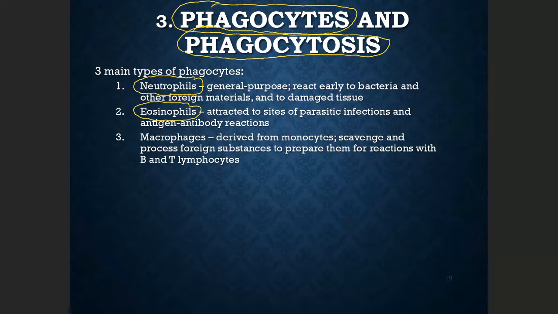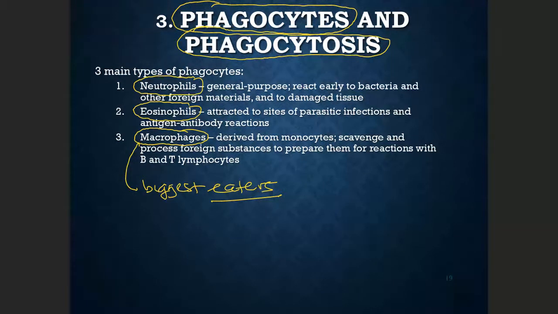And then macrophages, this is the big eater. This is the biggest eater. This is the one that is actually able to eat so many bacteria at one time. So they kind of clean up the area of infection by eating the bacteria.